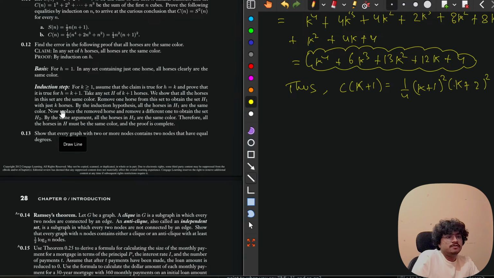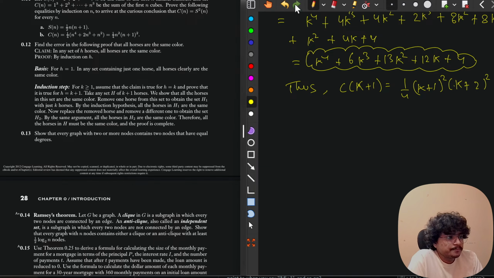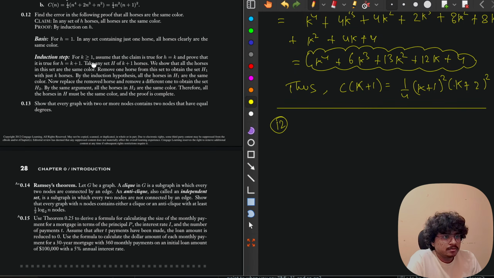Next question is: find the error in the following proof that all horses are the same color. The claim is that in any set of h horses, all horses are the same color. Proof by induction on h.